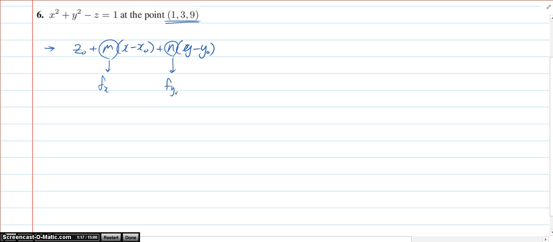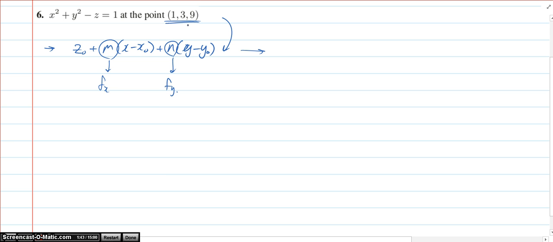So if we just replace m and n with fx and fy, we're just plugging in the information we know, and we can get the equation of the plane that is tangent to this graph at this point 1, 3, 9.